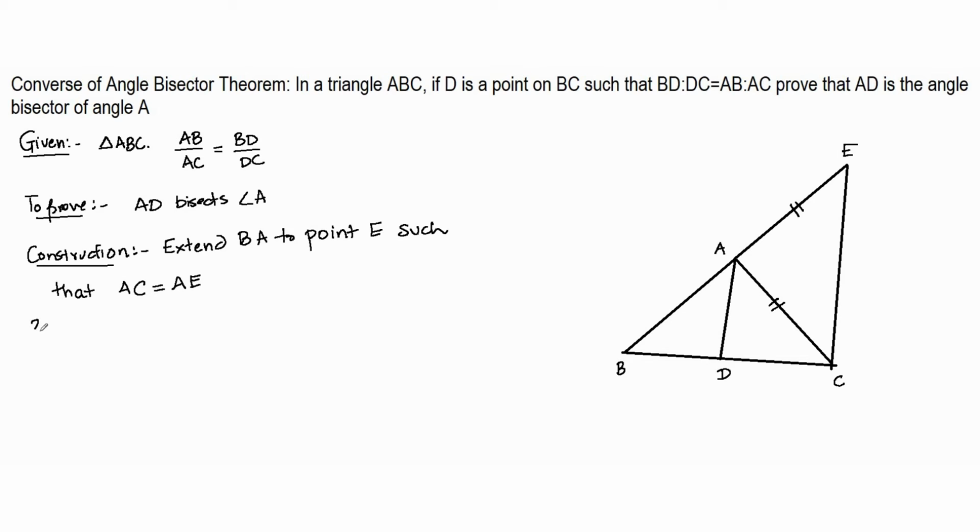Now let us try to prove that we have an angle bisector. Now we can definitely think about the given statement. The given statement is AB upon AC is equal to BD upon DC. But because the length of AC is equal to AE, I can replace AC with AE.